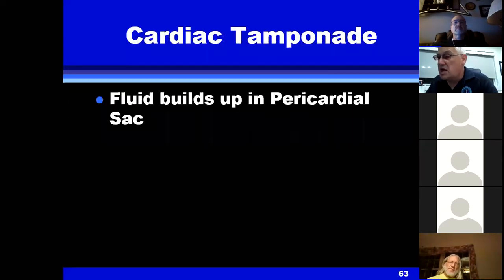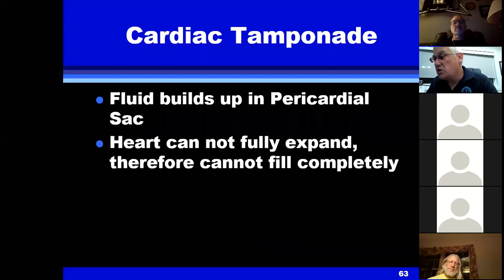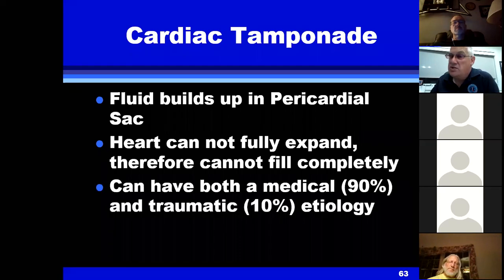Another cause of obstructive shock would be cardiac tamponade, and you learn that as somebody stabbed into the heart where the blood leaks out of the heart and fills the sac because the sac kind of self-seals. That's very rare. Most cardiac tamponade is medical, and it's caused by pericarditis, an infection. So most of it's medical, and most pericarditis presents like a chest pain, heart attack patient.